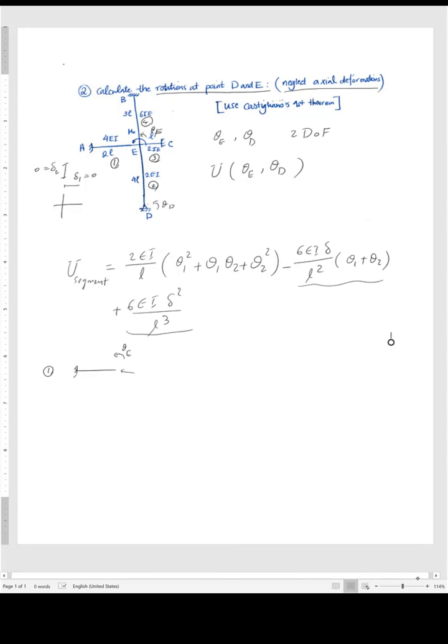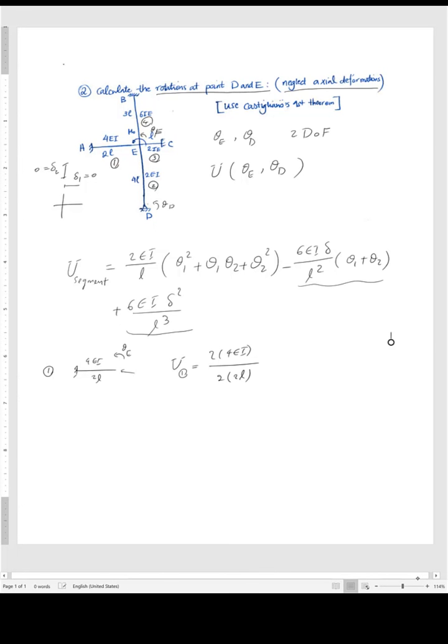All right, so if I want to write the energy for this one, I can write U1 equal to, so in the template I have EI, which means the EI of the segment, so I should write 4EI because this segment has EI of 4EI over 2 times 2L.